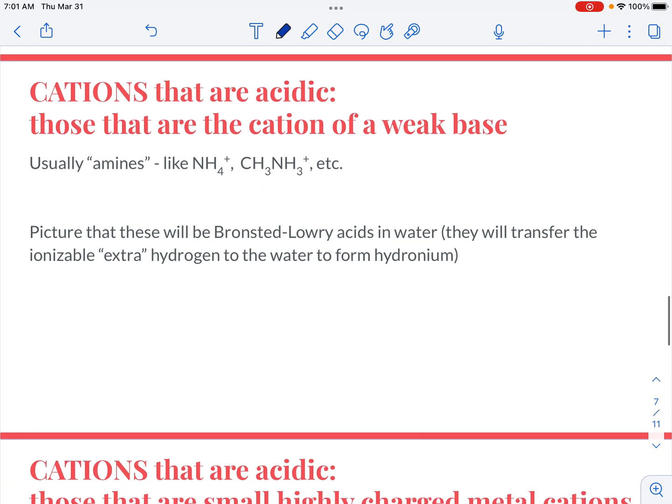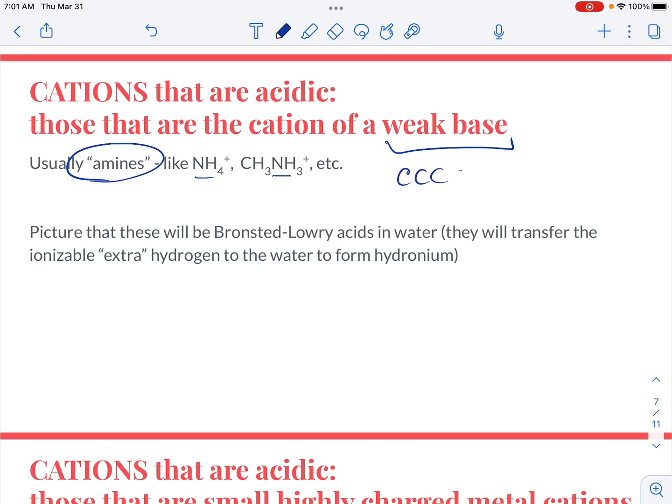And so you need to keep in mind that cations are typically going to be acidic if they're not neutral. And there are two basic categories of these. So actually there may be another category, but the two main categories would be the cations of what we call weak bases that are amines. All right. So notice that these have that NH4 plus or the NH3 with this extra carbon chain on the front.